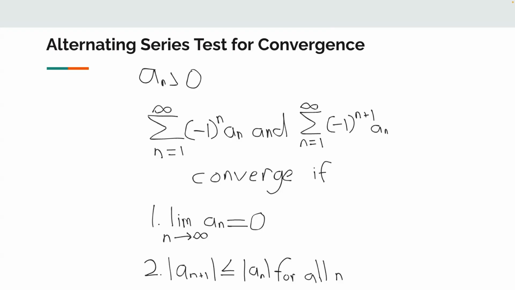One, the limit of A of n as n approaches infinity equals 0. And two, A of n plus 1, the next term, is less than the current term A of n for all n. This is the alternating series test for convergence. You can determine if an alternating series will converge or diverge using this test.